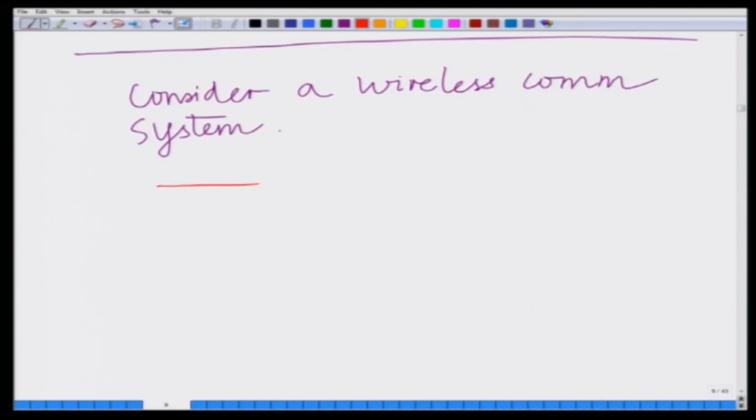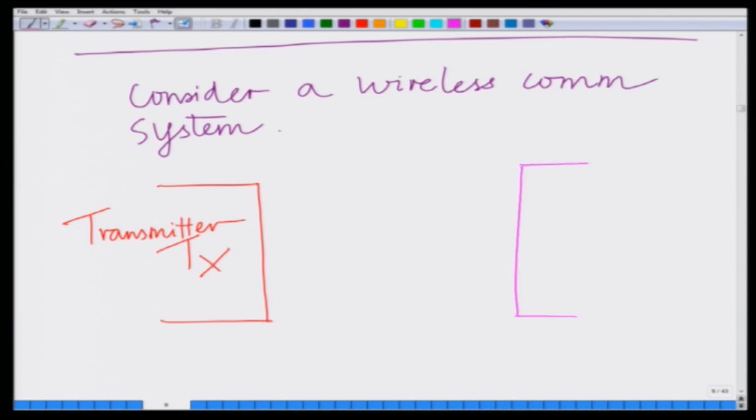So, we have a transmitter and we also have a receiver, and we have of course a transmit antenna from which the signal is transmitted in the wireless system.